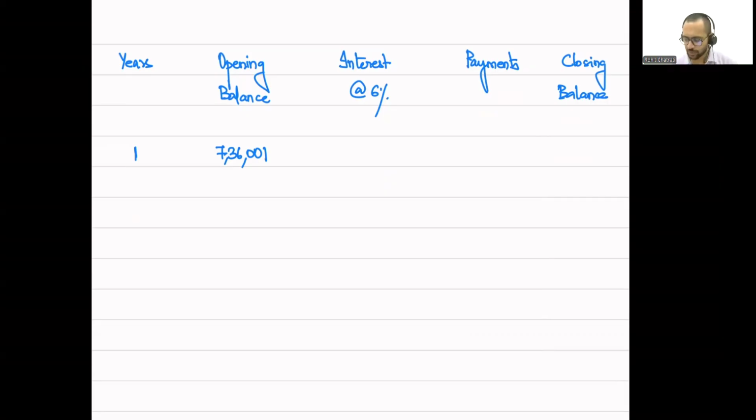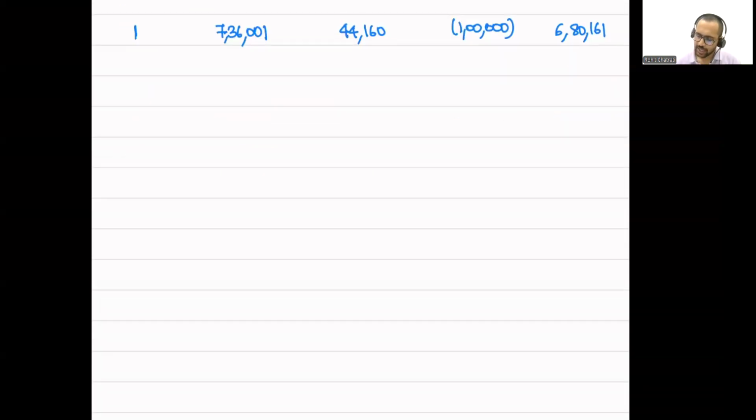That is going to be equal to 44,160. I have a payment of 1 lakh. So my closing balance is going to be equal to 736,001 plus 44,160 less 1 lakh, which is equal to 6,80,161. I then have year 2, beginning balance will be 6,80,161.